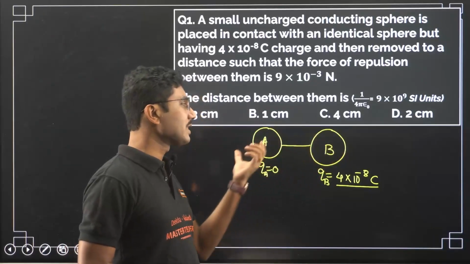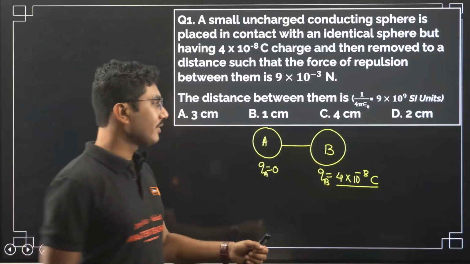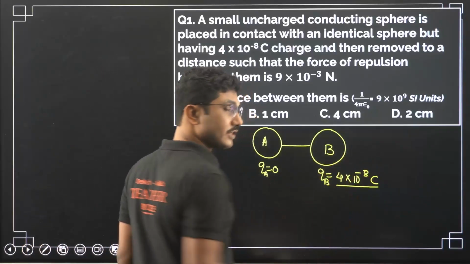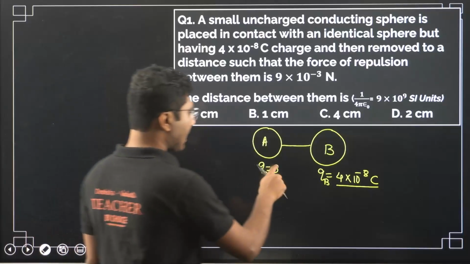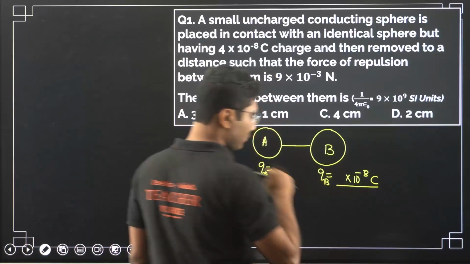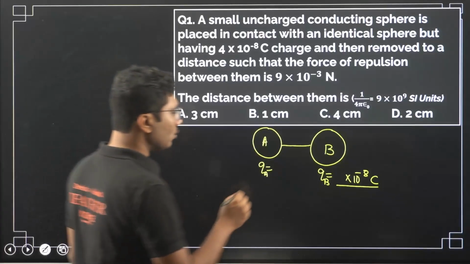Now, how much charge will come to A? Because they are identical, whatever the initial charge of the system was will be divided into two halves. So basically 4 by 2. 4 by 2 means what? 2.